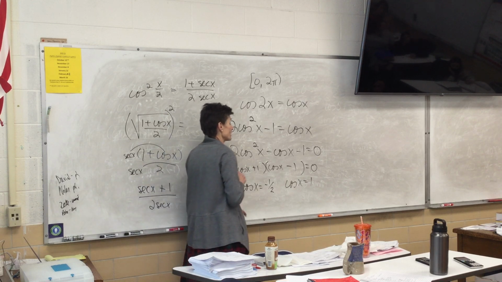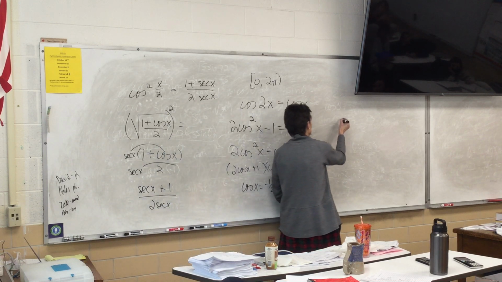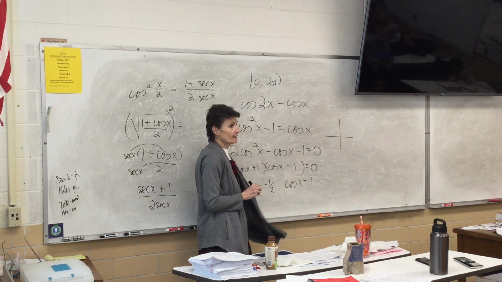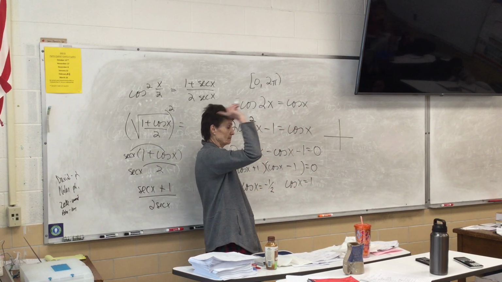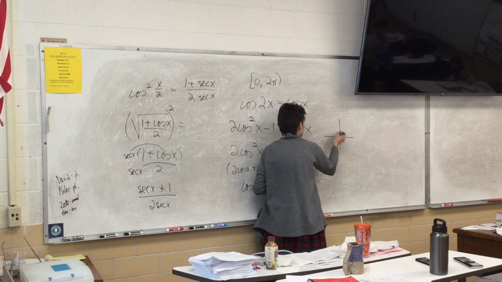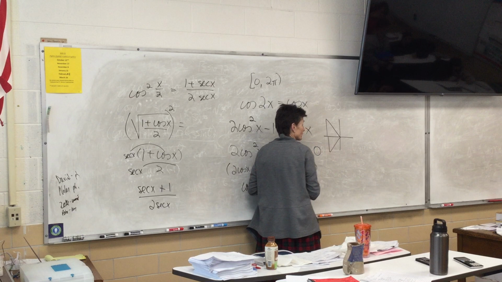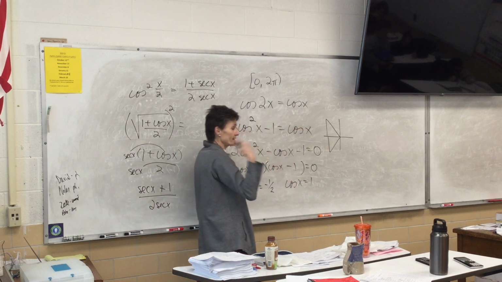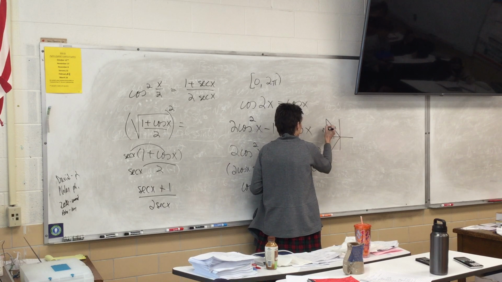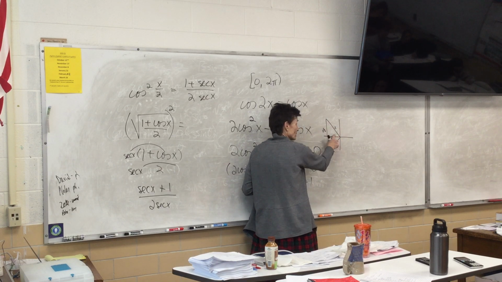Okay, well, where is the cosine negative? Cosine is negative. That would be 2 and 3, wouldn't it? Cosine is x. X is negative. What kind of an angle is right there? We've already seen one today.